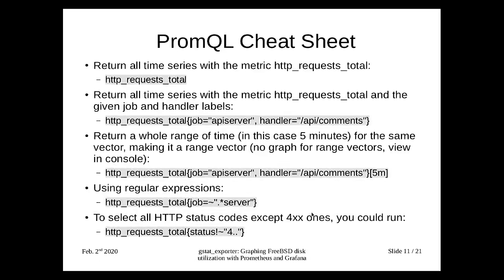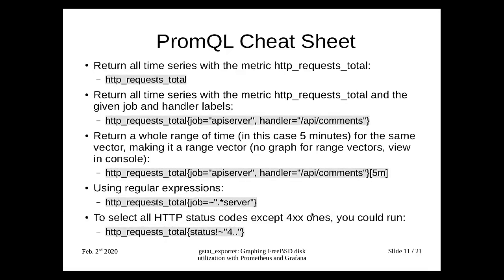If, for example, I want the metric, but only if the job label is api-server and the handler is /api/comments, then I put it in the curly brackets, and it only returns the number of HTTP requests that had those labels.